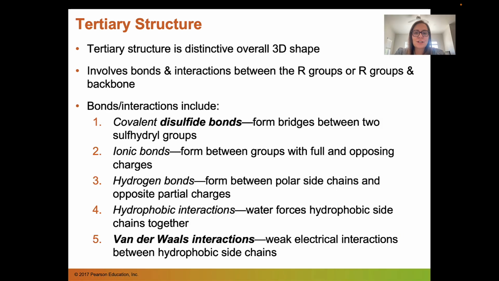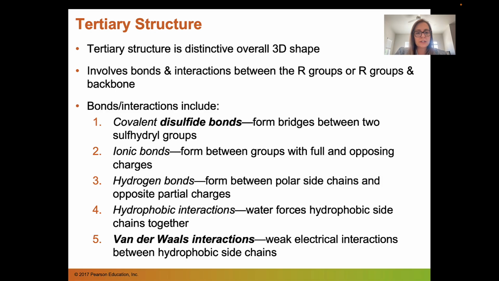So the next structure we'll talk about is the tertiary structure. The tertiary structure is the distinctive overall three-dimensional shape of the protein, and it involves bonds and interactions between R groups or between R groups and the backbone. Just to compare and contrast this to secondary structure, which only involves bonds with the backbone.